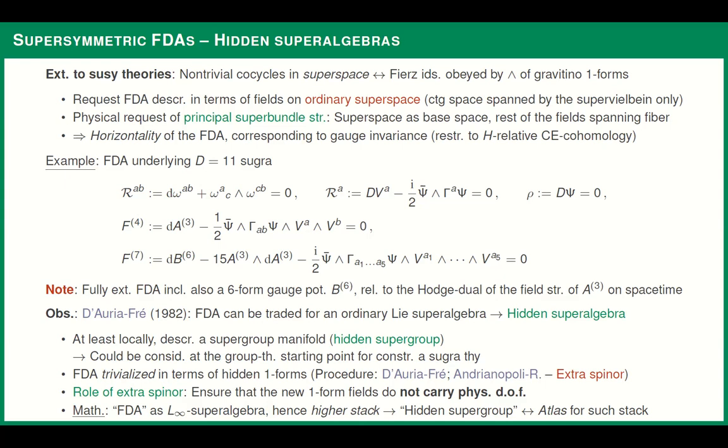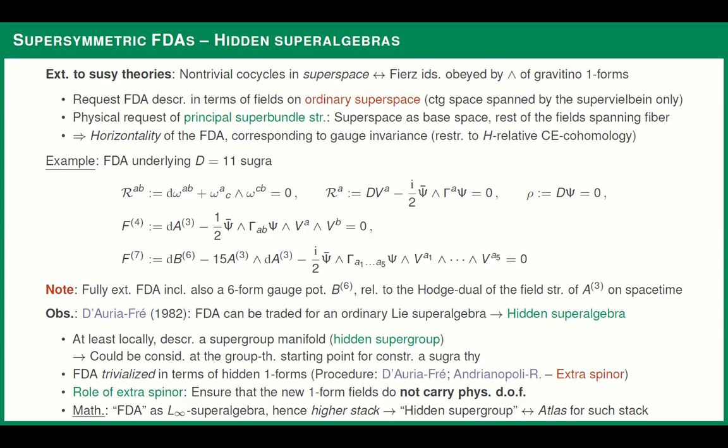And also let me tell you that this trivialization that I will show you is not unique. There is not a unique way of performing it, and it is in the mathematical literature. Free differential algebras are really related to an infinity superalgebra, and that's what is referred to as a higher stack. And the hidden supergroup, or hidden superalgebra, is referred to as an atlas for such a stack.